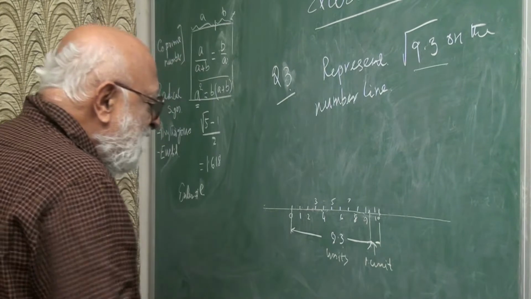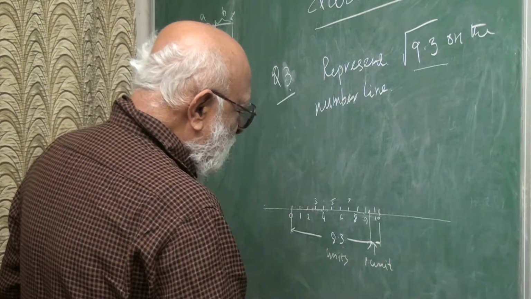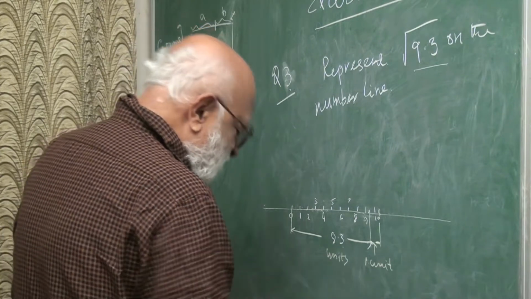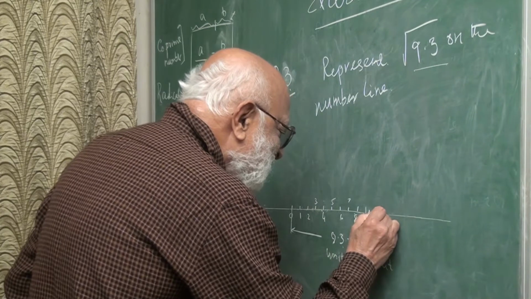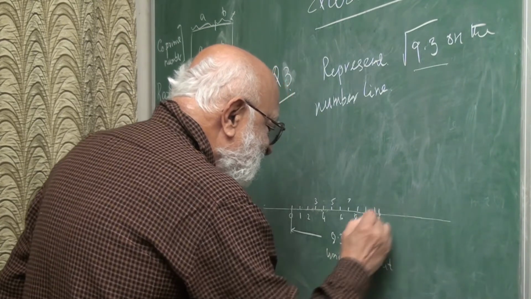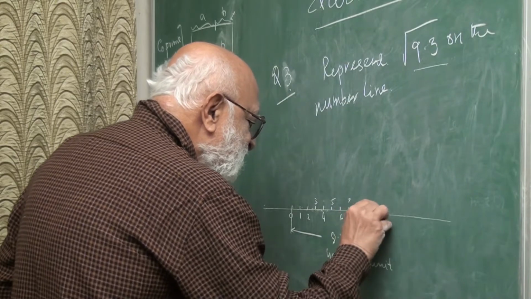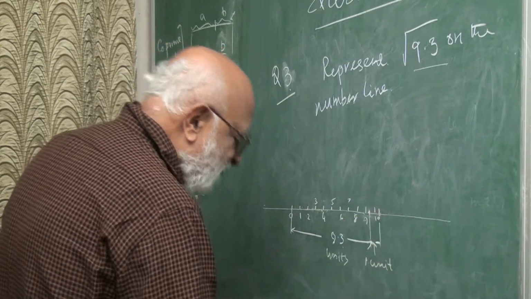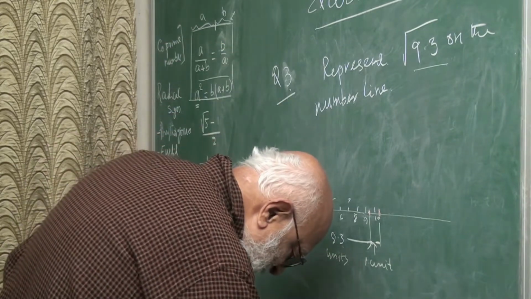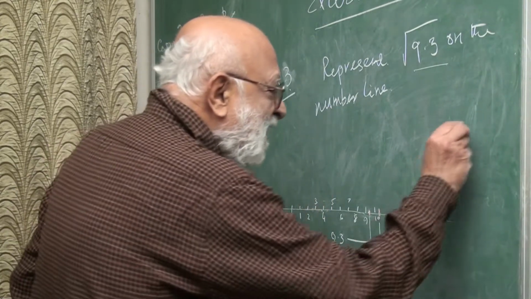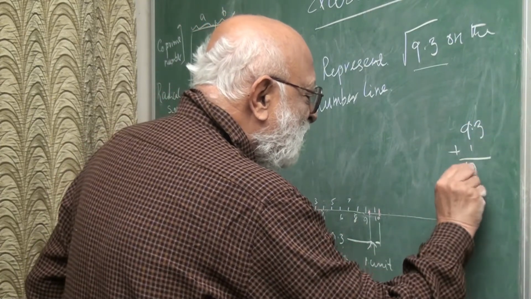Okay. Now what you do, you take the whole thing. This one is of interest to us, not the 10. This point and this point are of interest to us. So I am using a different colored chalk. So this is 9.3 plus 1, so this is 10.3.